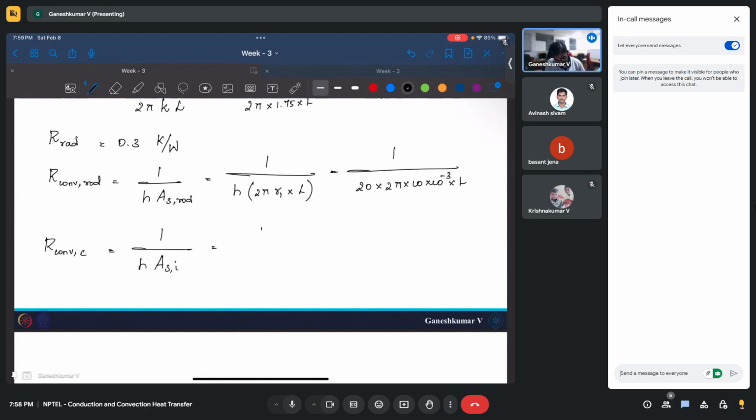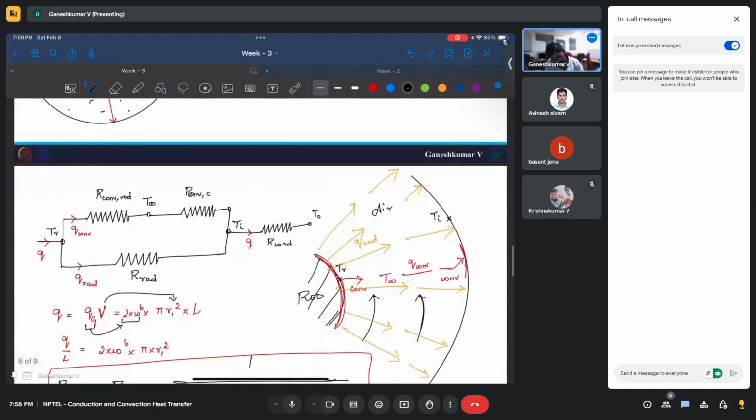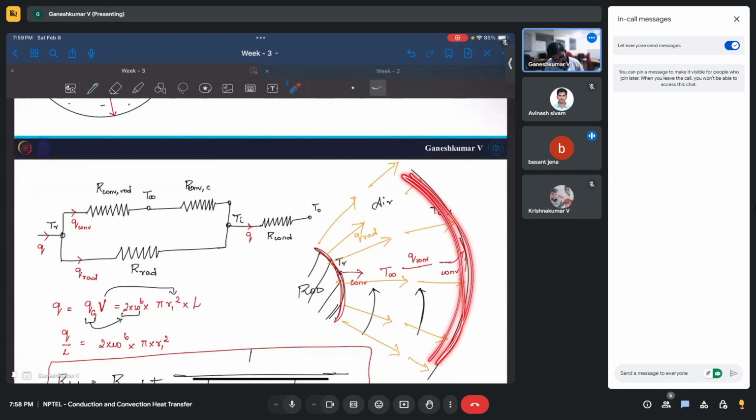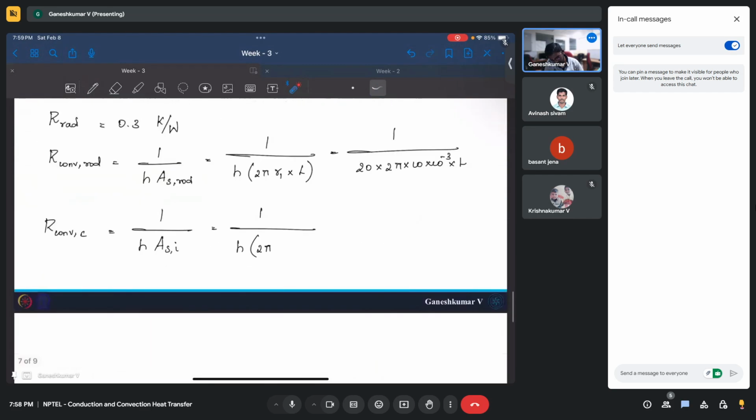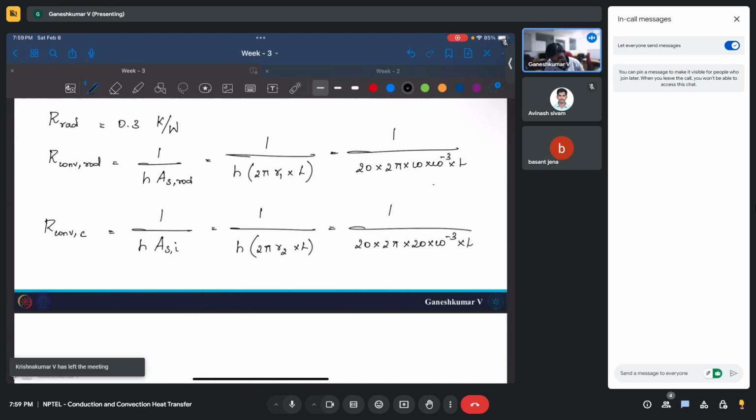If it is the inner surface area, then the radius would be R2, which is 20 mm. So it is 1 divided by 20 into 2 pi into R2, which is 20 into 10 power minus 3, into L. How much is this coming out to be?